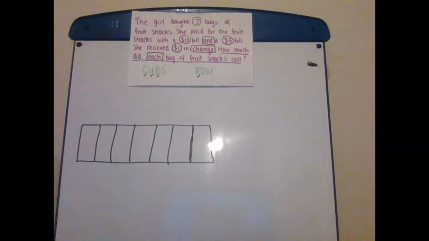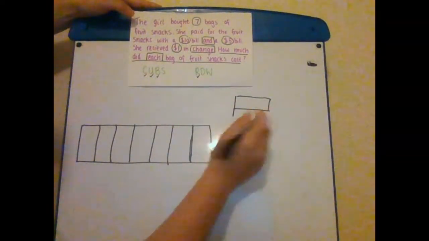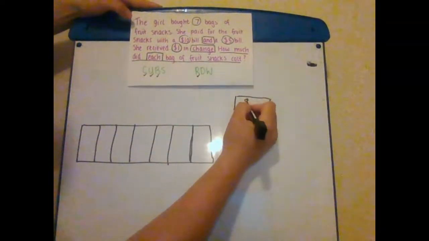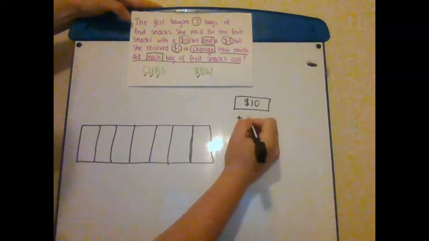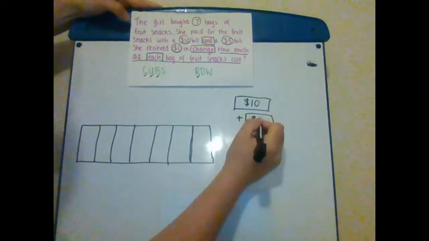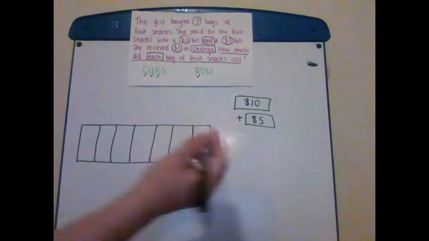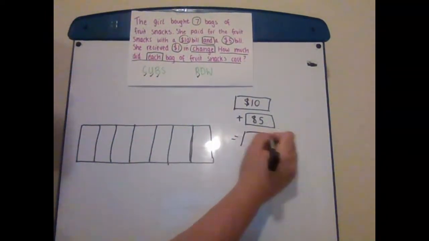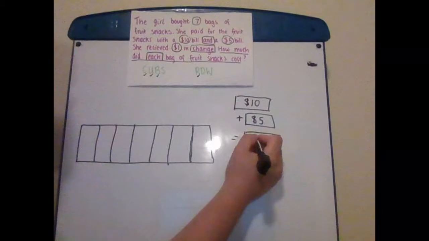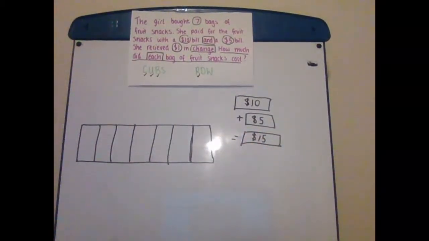She paid for the fruit snacks with a $10 bill and a $5 bill. Okay. So that means she handed over $15. Okay. Total was $15 that she gave to the person in the store.